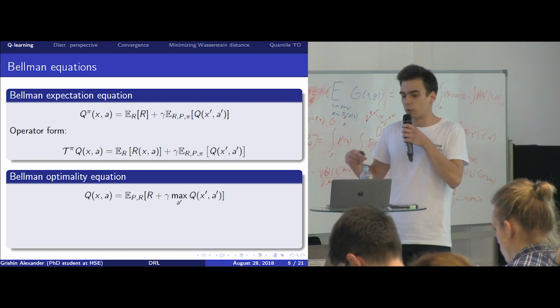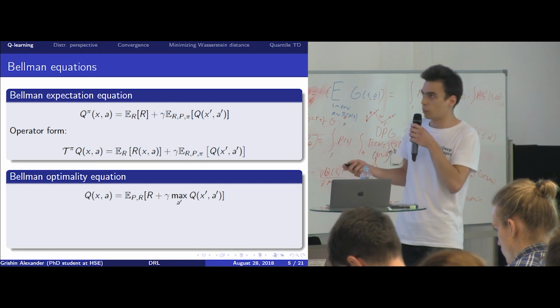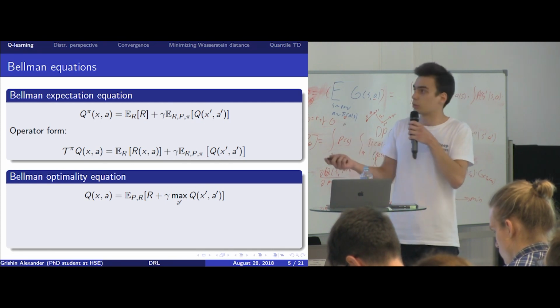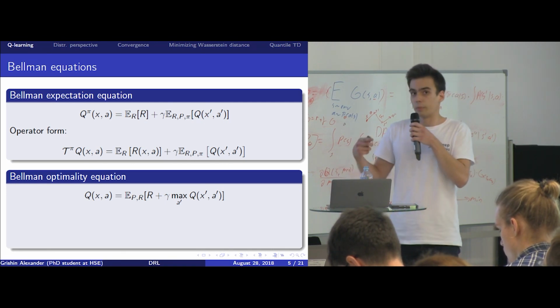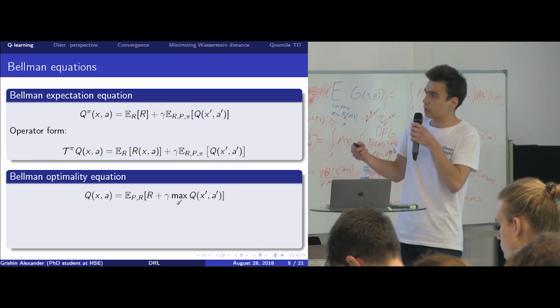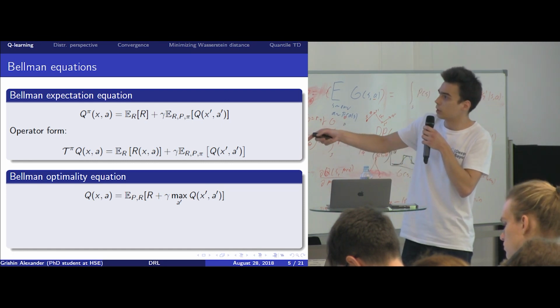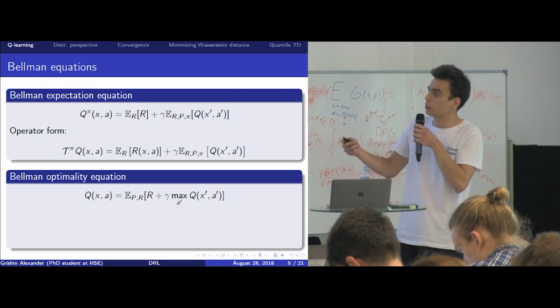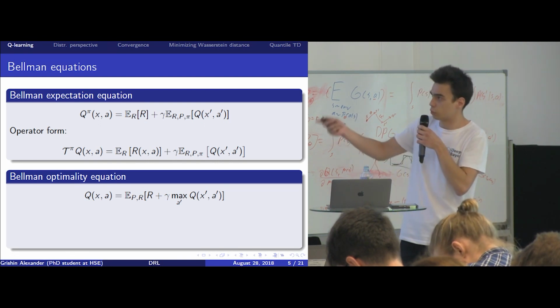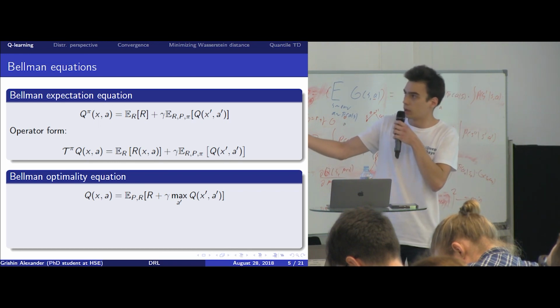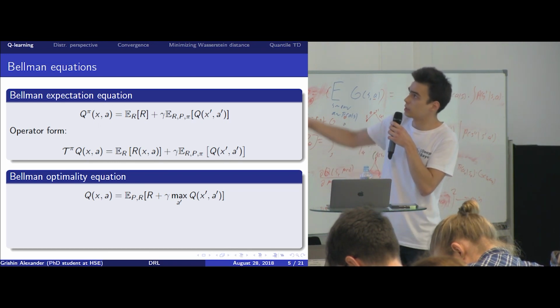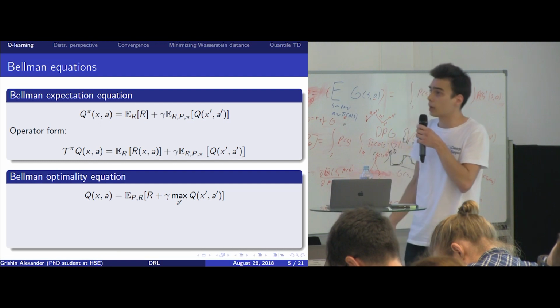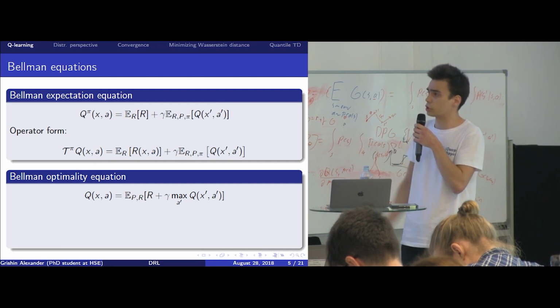If we are currently in some state and we follow the optimal policy, we will choose the action which leads to the maximum possible outcome in the future. So we are maximizing here. This is the only difference. And this is called the Bellman optimality equation.